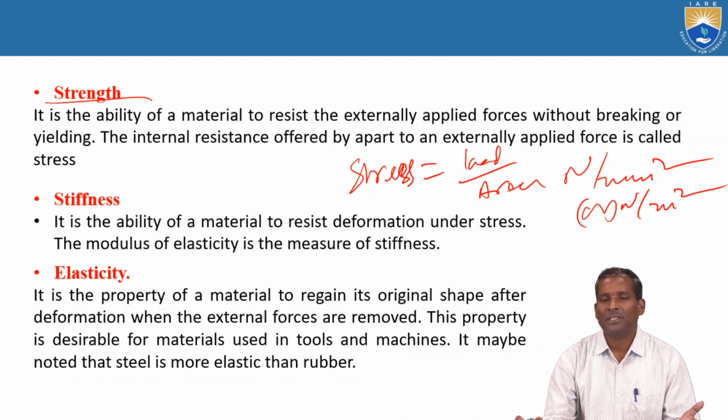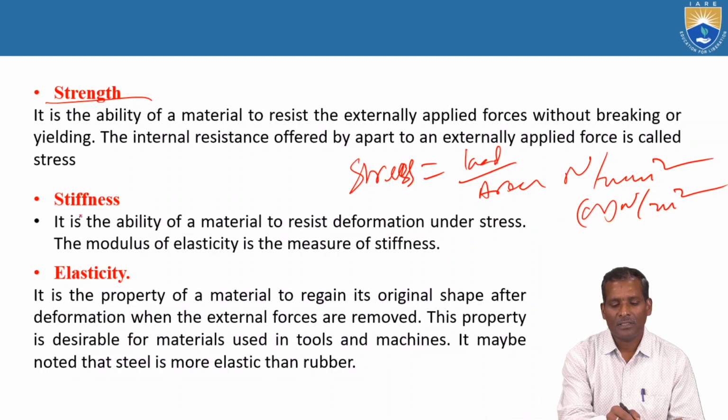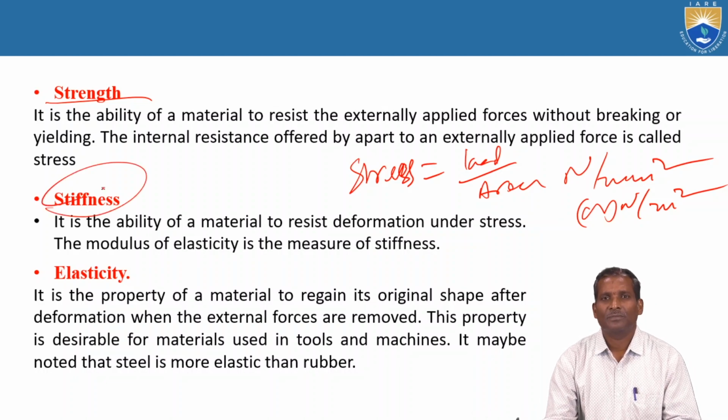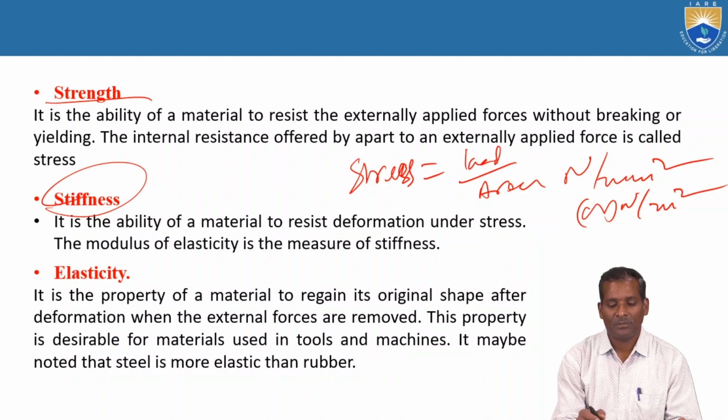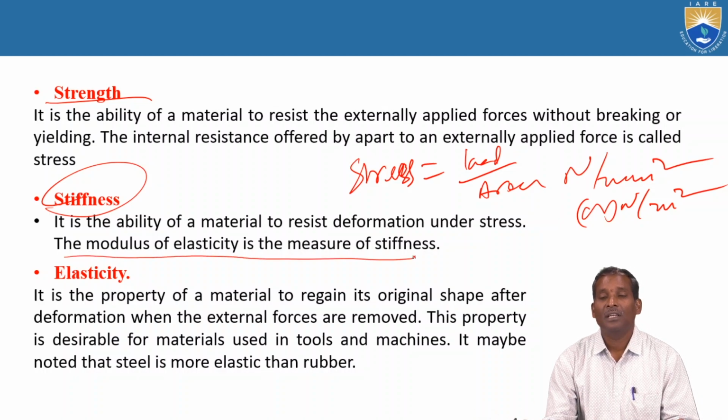The component should withstand the external load. Next one is the stiffness property. It is the ability of a material to resist deformation under stress. So what is the parameter here? The modulus of elasticity is the measure of stiffness.